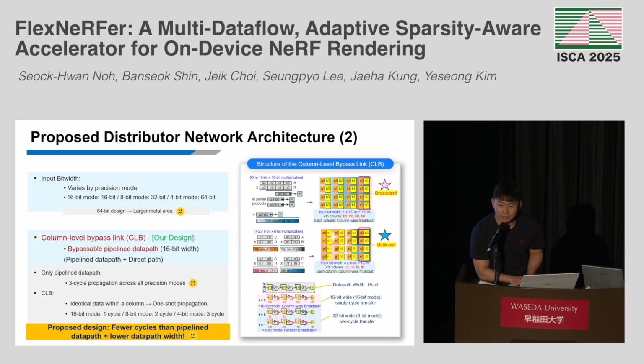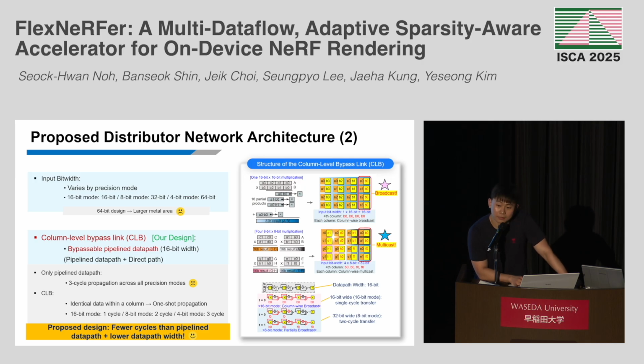Now let's take a look at another MAC structure we propose. As I mentioned earlier, the wider data path can increase chip area. So to reduce the data path widths, we applied pipelining. But when we pipeline the data path, data gets delayed by the number of pipeline stages.